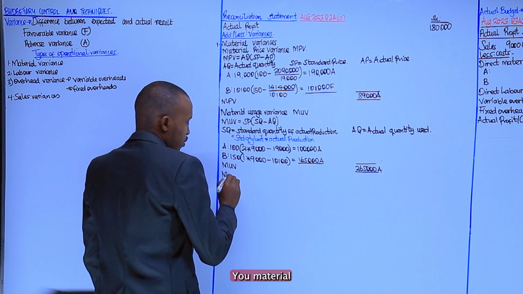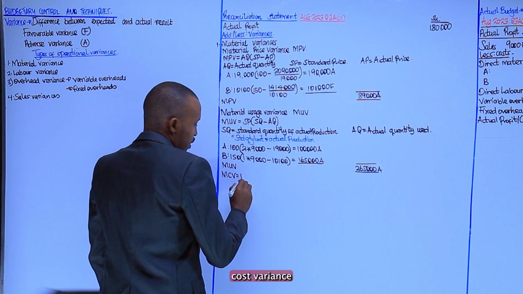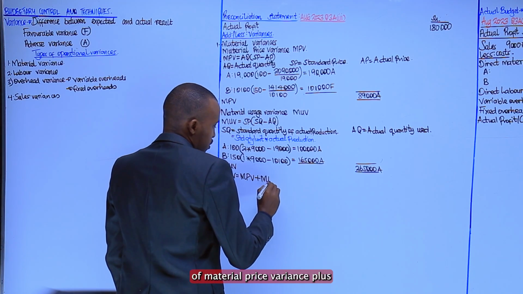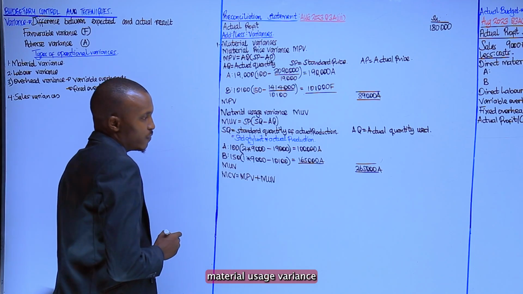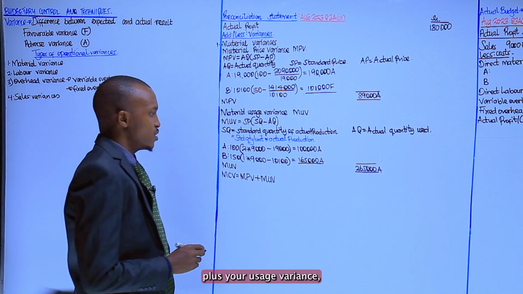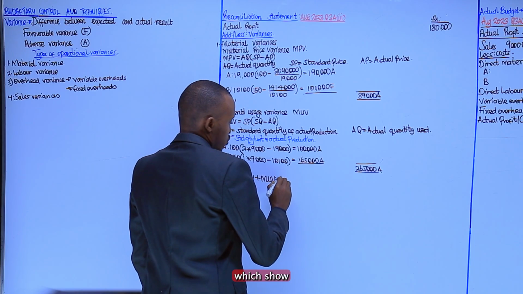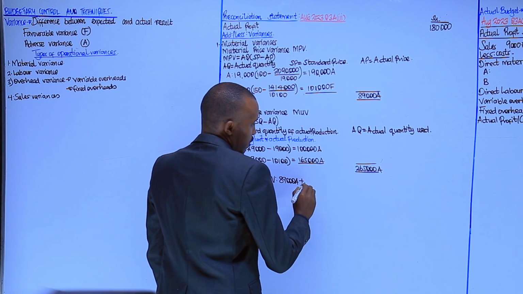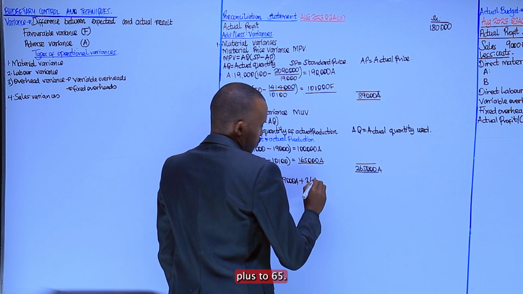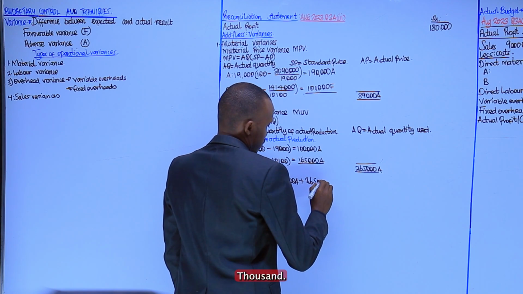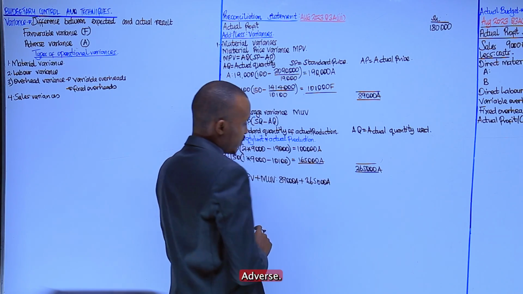All right. But now, your material cost variance is a summation of material price variance plus material usage variance. The total of your price variance plus your usage variance, which here is 89,000 adverse plus 265,000 adverse.